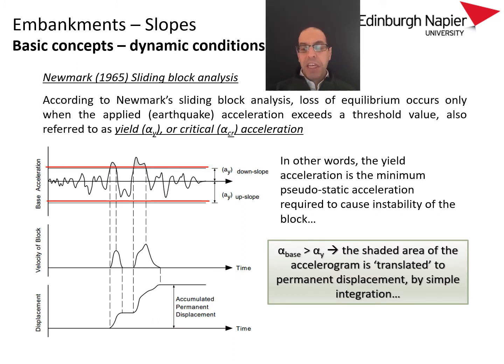Now, the key principle of Newmark's approach is that the loss of equilibrium occurs only when the applied earthquake acceleration exceeds a threshold value, and the threshold value is referred to as the yield or critical acceleration.